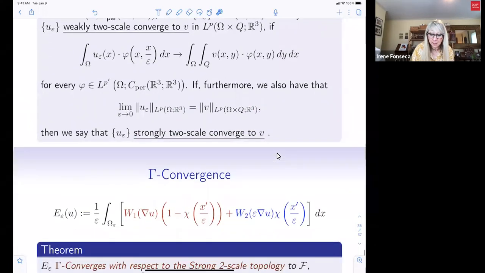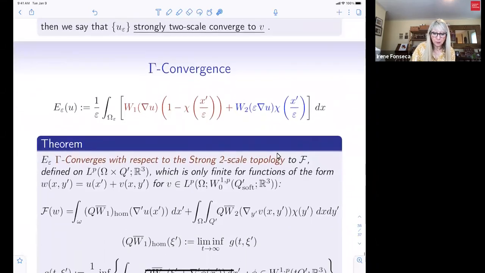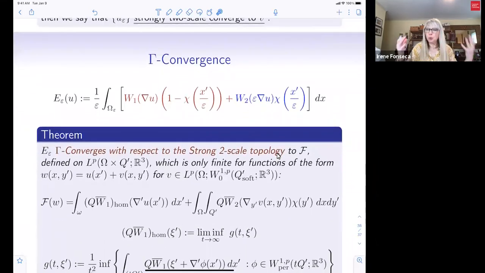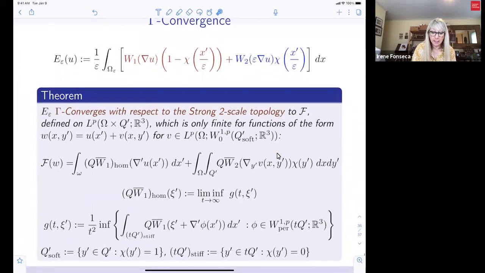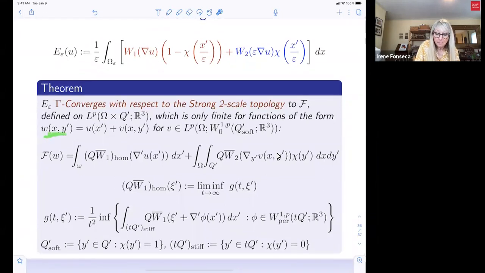And the theorem says that, okay, so this was the epsilon. You rescale as we did before, right? And what we prove is that you have strong two-scale convergence to now a W that is decoupled in the following way.